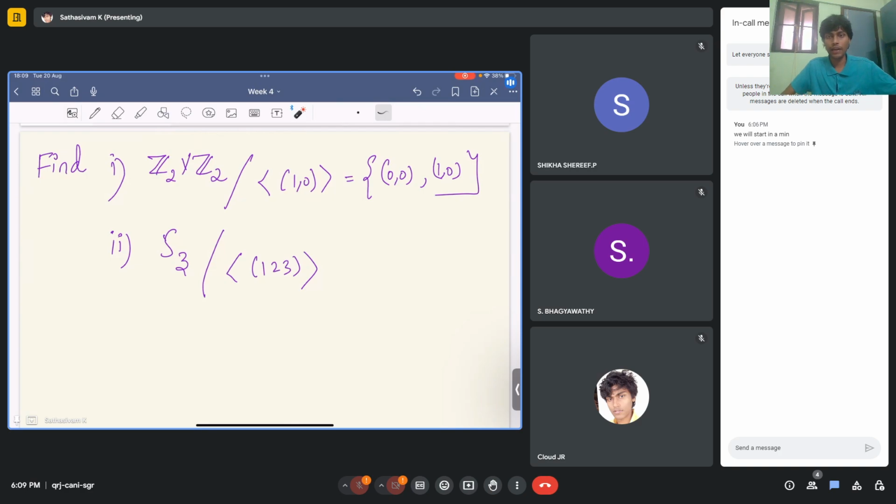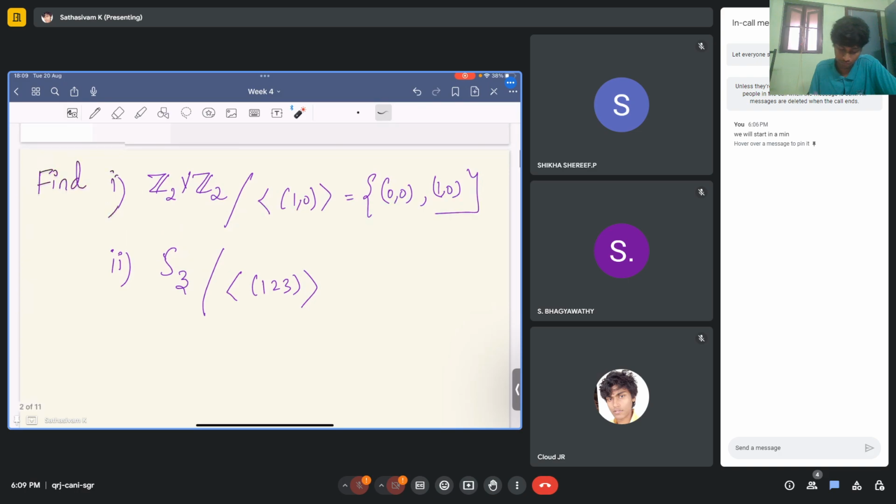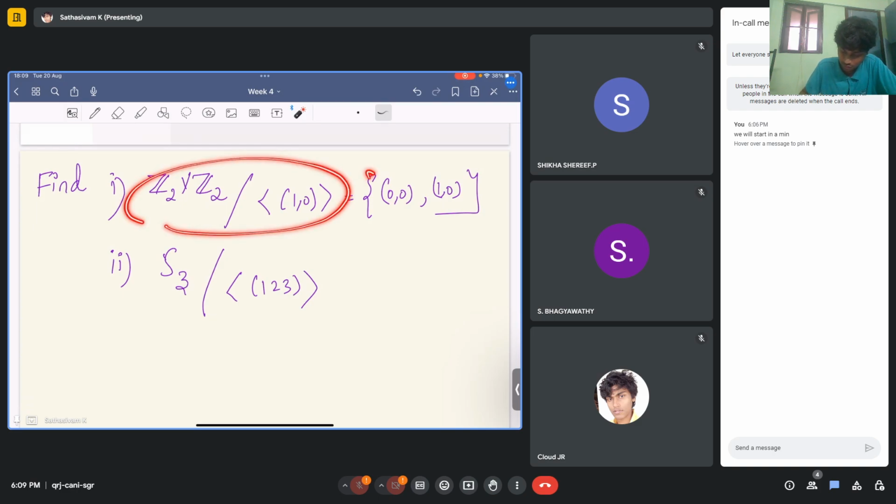Okay. So the main idea of today's session is to see how to use the isomorphism theorems, in particular the first isomorphism theorem. What we are claiming here is that this is isomorphic to Z2. That is the claim.